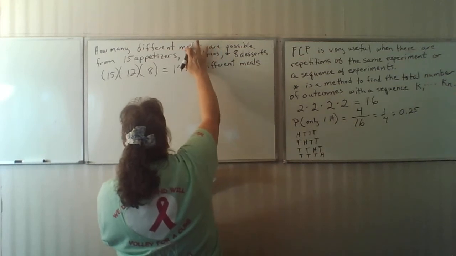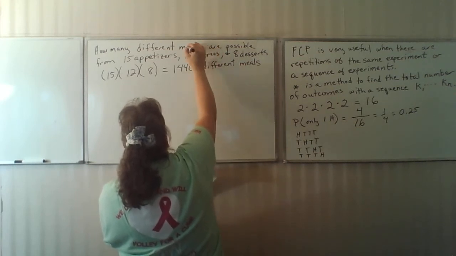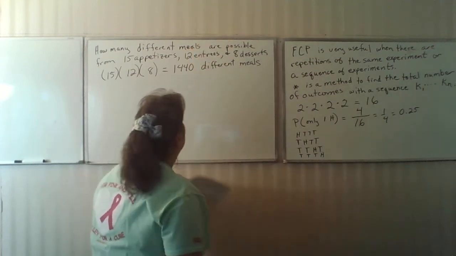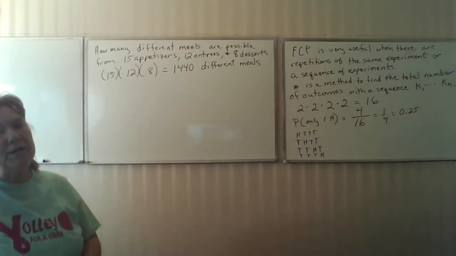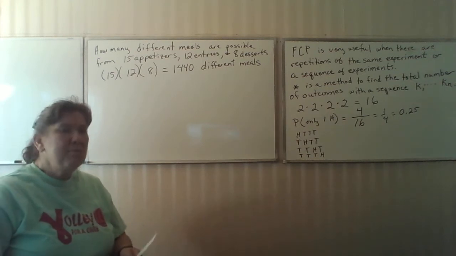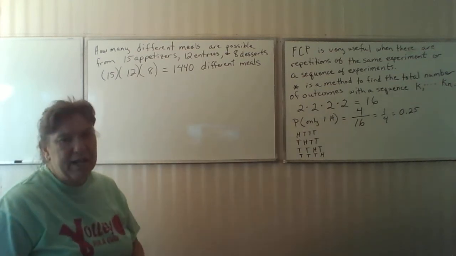And this should probably be meals instead of menus. Okay? 1,440 different meals. A lot more than you probably thought could ever happen.